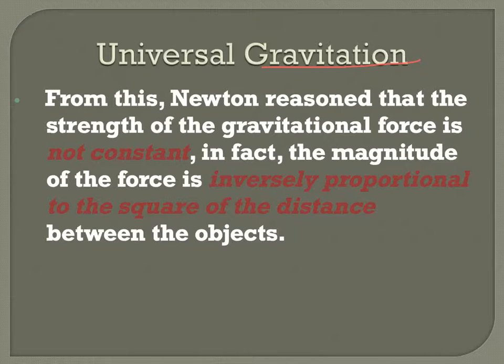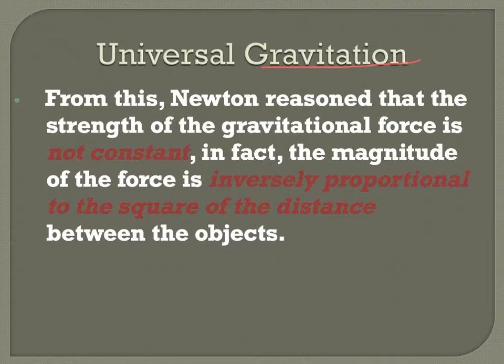In fact, the magnitude of the force is inversely proportional to the square of the distance between the objects. Let's not write any of this down, but basically what he's saying is that gravity is not constant throughout the universe. It's different depending on what you're observing.